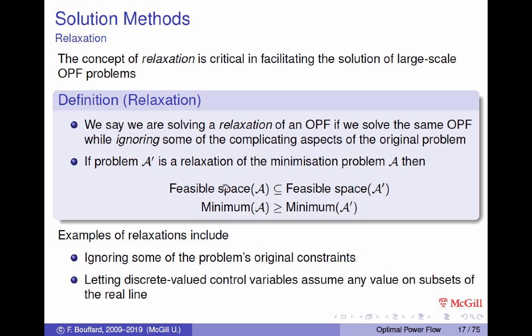So effectively, there are fewer options in the original problem than in the relaxed problem, which entails that the minimum that you will find for the fully constrained and fully complicated problem A will be greater than or equal to the minimum for the relaxed problem, because the relaxed problem has more degrees of freedom, or the degrees of freedom are less restricted.